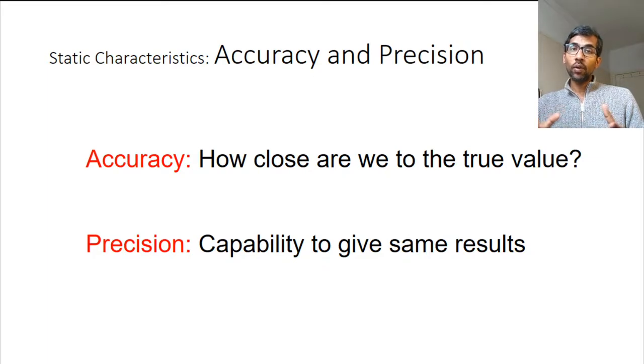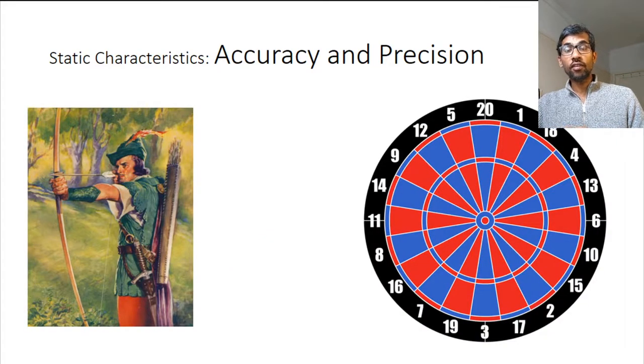One way to understand accuracy and precision is by taking the help of an archer who is trying to shoot arrows at a target. And which archer is more famous than Robin Hood, right? So here is our Robin Hood, and he is going to hit this target from whatever distance.